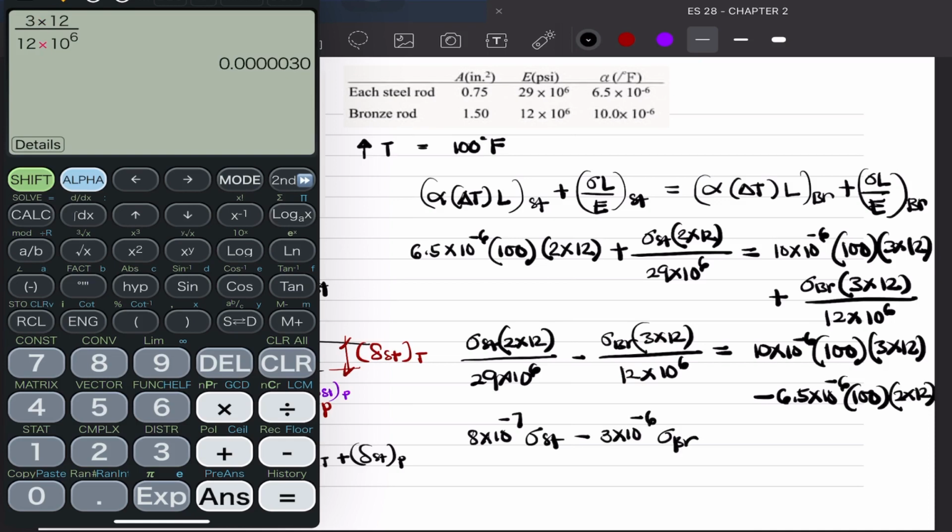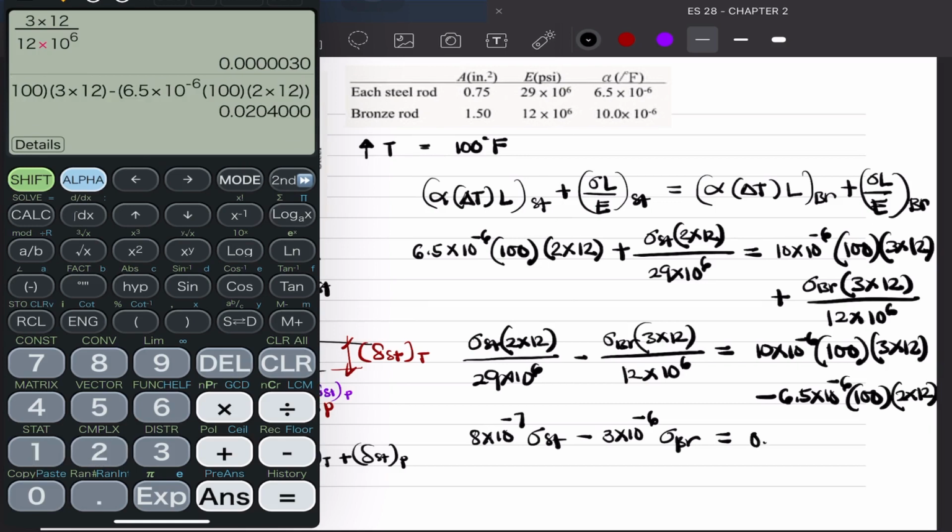Stress sa bronze rod equals 10 times 10 to the power of negative 6 times 100 times 3 times 12 minus 6.5 times 10 to the power of negative 6 times 100 times 2 times 12, equals 0.0204. So let's say that this is our first equation.